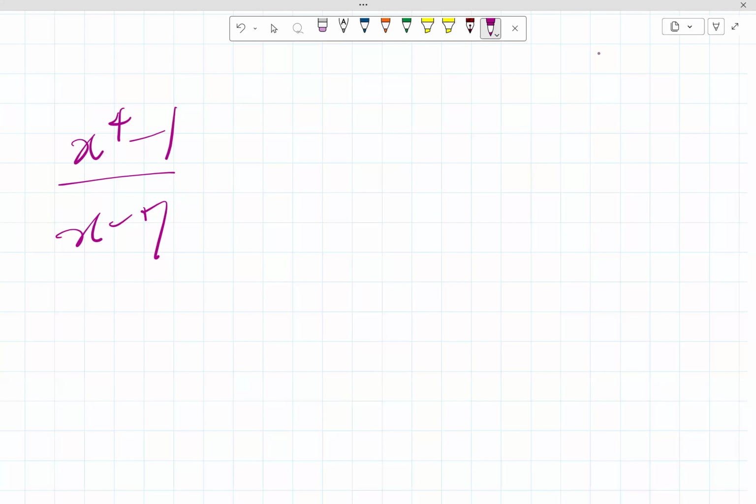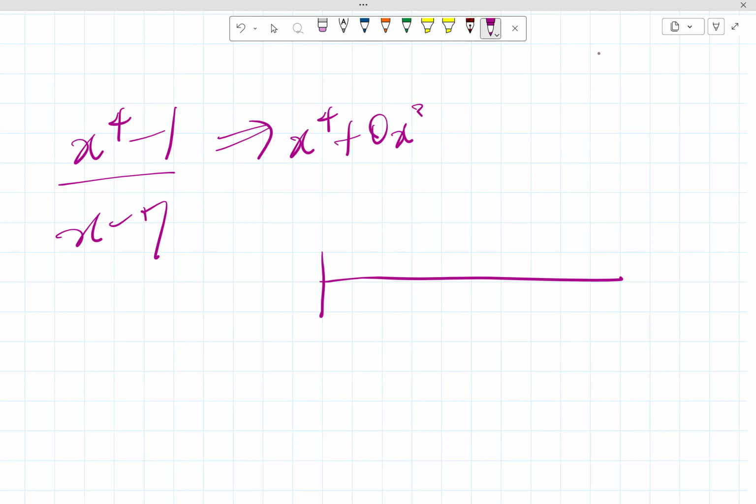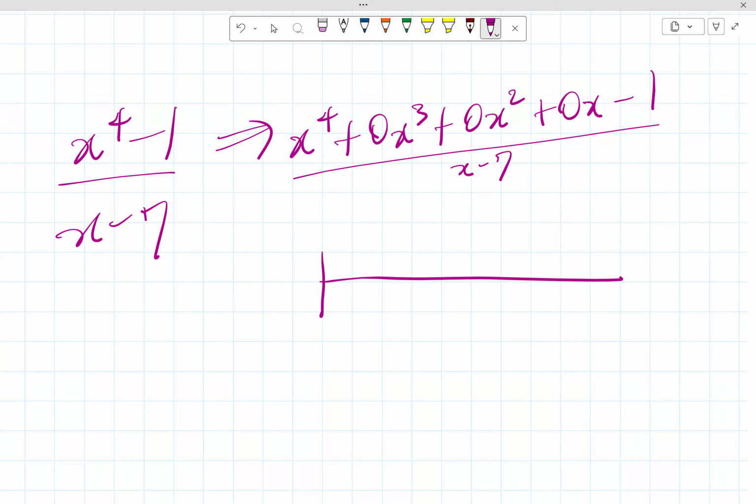Maybe this is too long, so let me just do it like this. Don't forget, you have to fill up all the gaps. So that's x to the power 4 plus 0x cubed plus 0x squared plus 0x minus 1, very important, all over x minus 7.